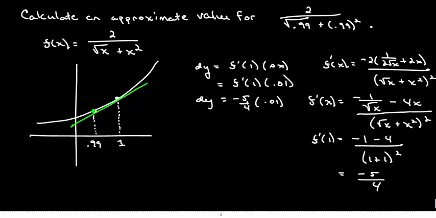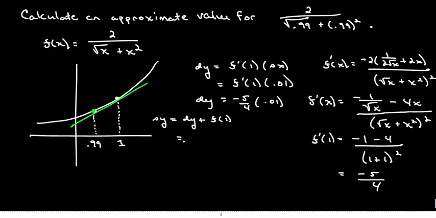Okay, so now what do we do? Well, we take this and add to it the function value at 1. So to get our approximation for y, we take dy and add to it f at 1.